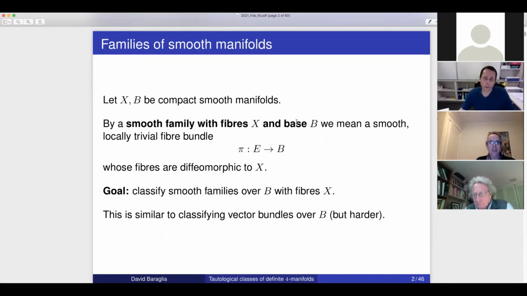My base and my fiber are going to be compact smooth manifolds, and my family is a smooth locally trivial fiber bundle with fibers X. And then of course the natural goal would be to classify smooth families over a given base with a given fiber, which is kind of analogous to classifying vector bundles over B, but generally it's harder than doing that.